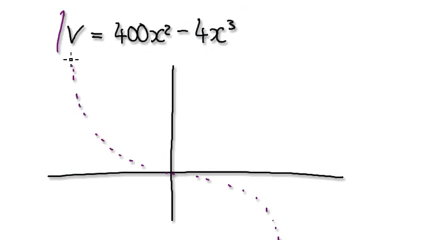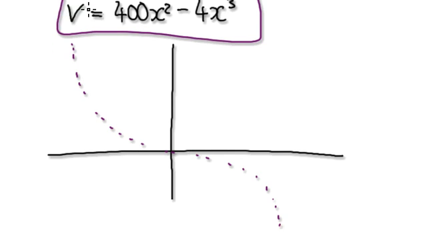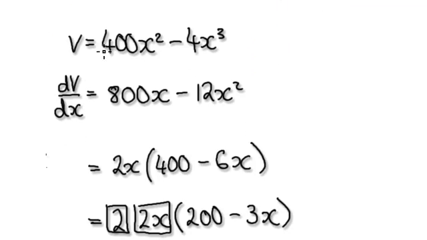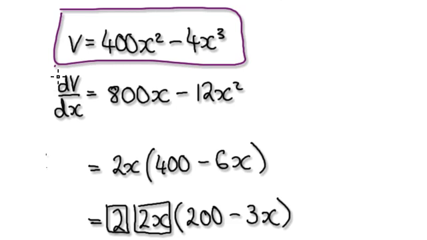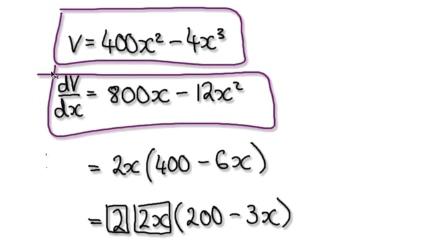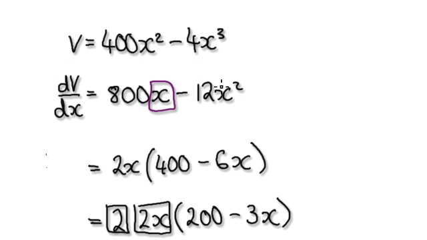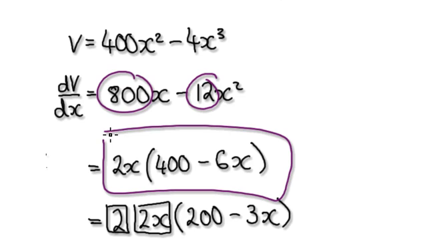Okay, so from v here, let's differentiate it. It will then give you this. Then notice that x is in common, so factor out the x. Notice that you can divide this by 2. That will then take you to here.